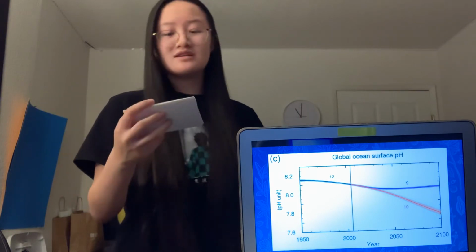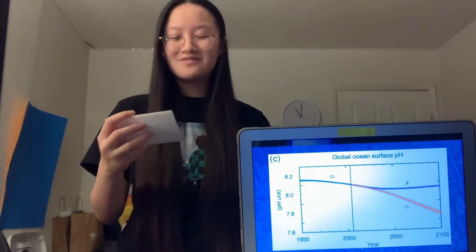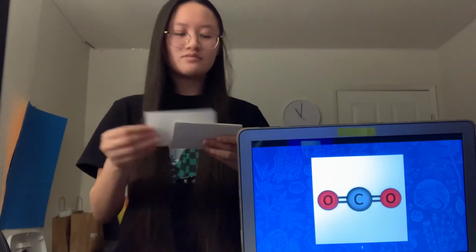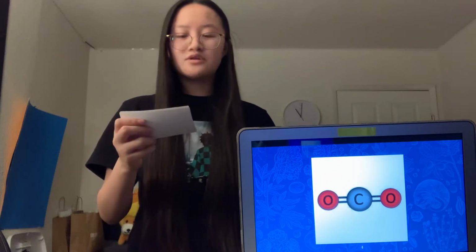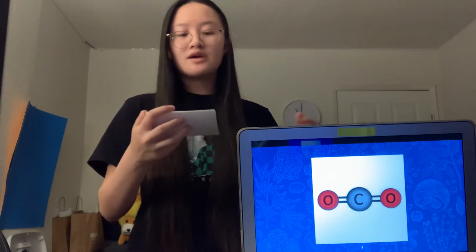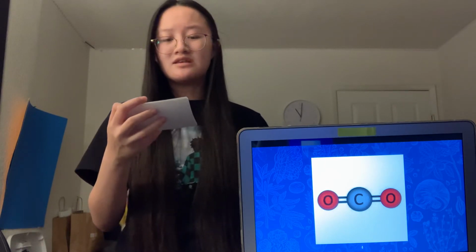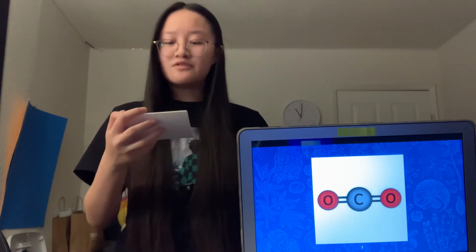So back to the acidification and how it happens. The basic cause of ocean acidification is carbon dioxide. Carbon dioxide, also known as CO2, is produced by all living things, but extra harmful CO2 is added to the atmosphere when humans burn fossil fuels.